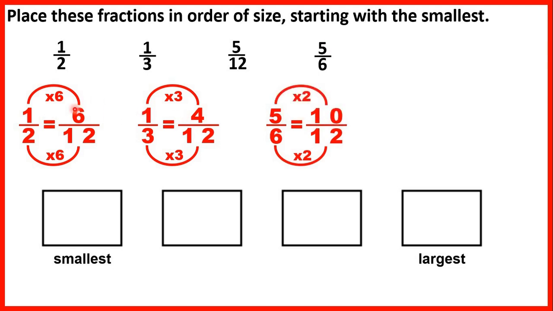So now that we have our equivalent fractions, we can see that the smallest fraction is 1/3, because that's only equivalent to 4/12. Then we have 5/12, then 1/2, because that's equivalent to 6/12, and then our largest fraction is 5/6, because that's equivalent to 10/12.